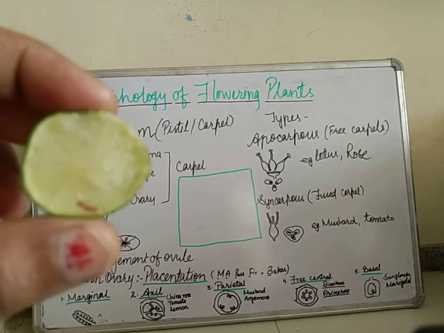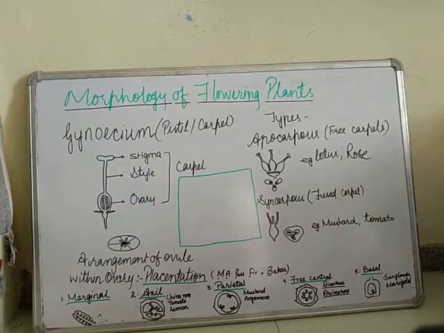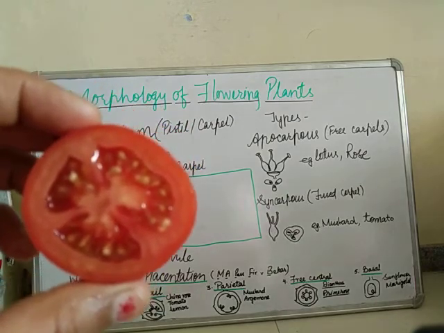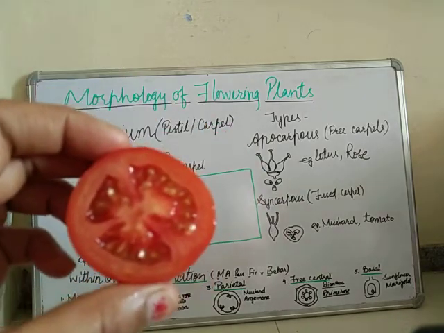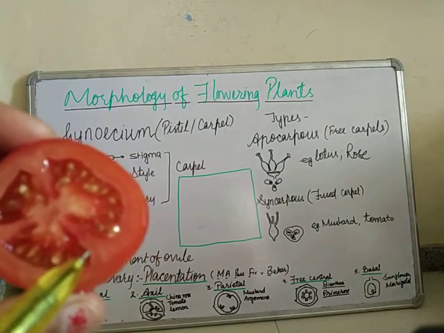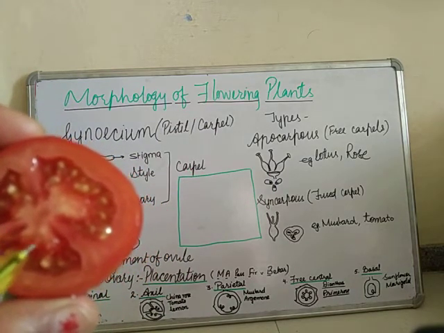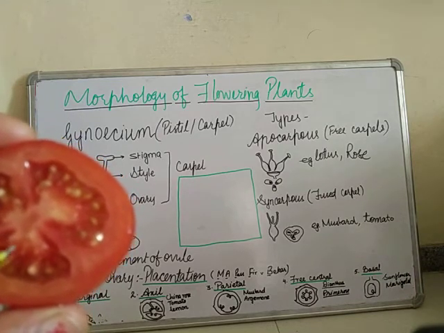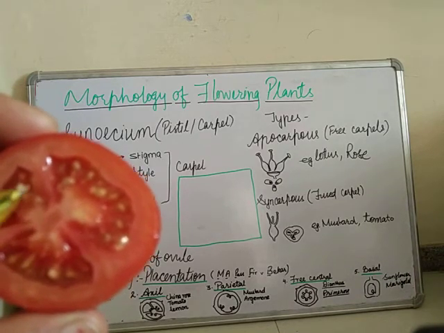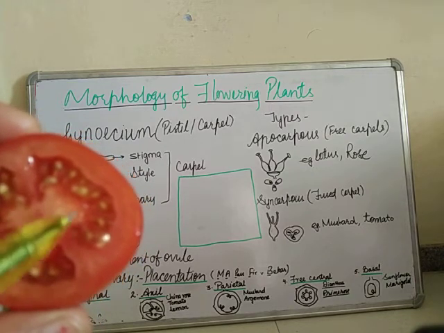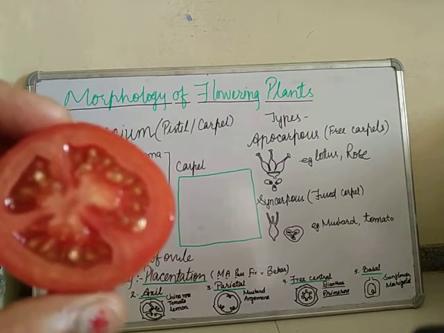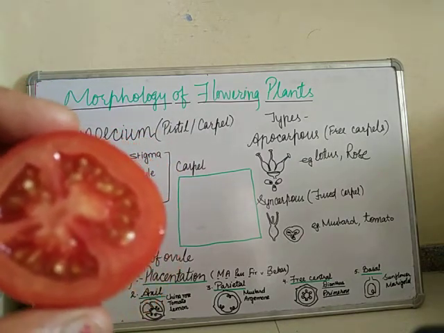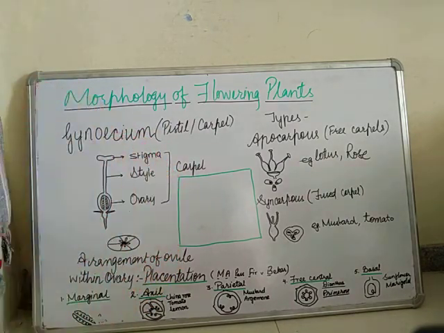So this is axile placentation. In the case of tomato it is visible, you can see one locule, 2, 3. The seeds are arranged inside the locules. So this type of arrangement of seeds or ovules in the ovary is called axile placentation.